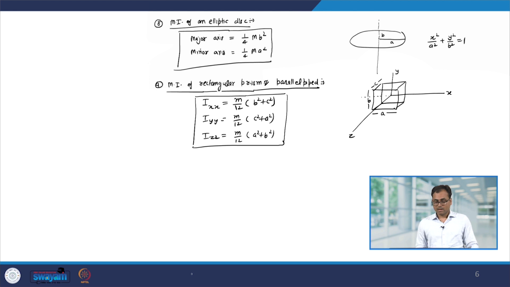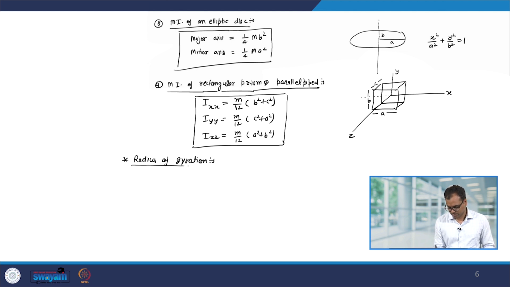Now, let me define the radius of gyration. First, let me write down the definition.